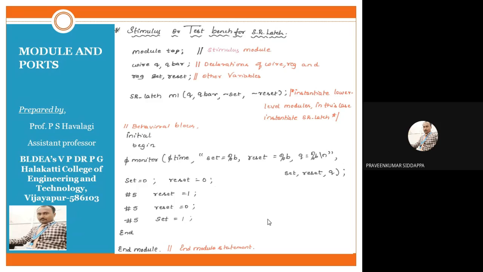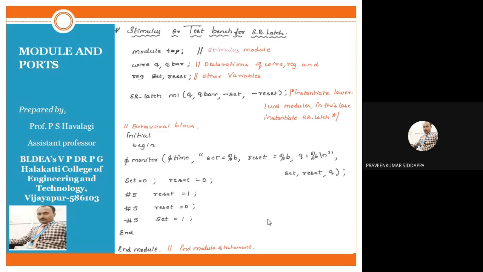In your test bench we have used initial as a new statement. Initially we are starting, so one begin we have written. Whenever we write one begin, one end becomes compulsory after executing that particular statement. So we have written initial begin.